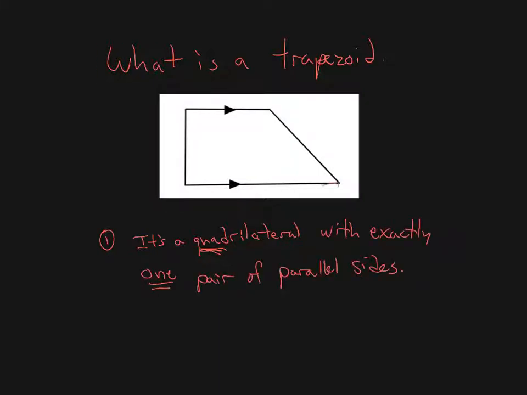So as you can see up here, this is our pair of parallel sides, which makes this a transversal and this a transversal.